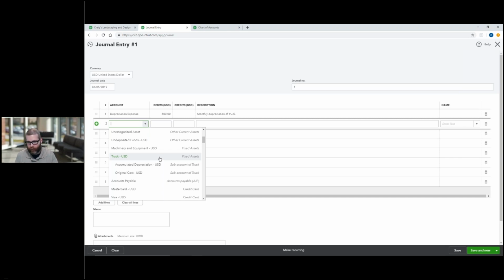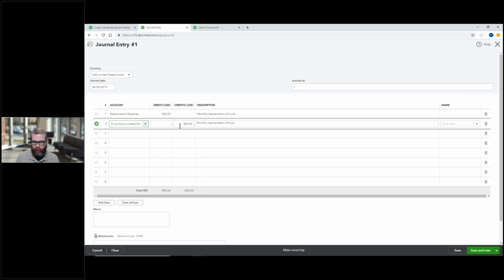Sometimes people make accumulated depreciation a sub-account of the fixed asset. Either way is fine. We did it this way to make it into a sub-account. The original purchase is one sub-account, accumulated depreciation is another. And QuickBooks automatically fills in the credit amount and the description for us. So we don't have to do any more work.